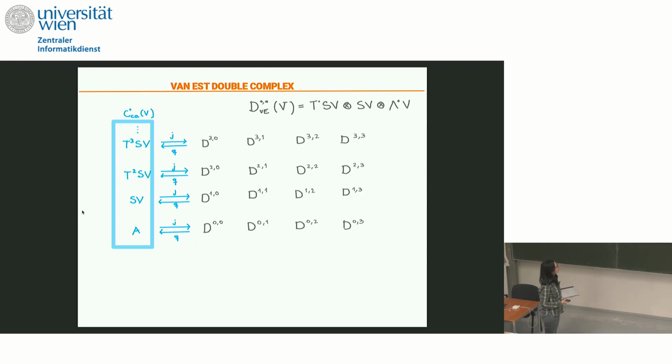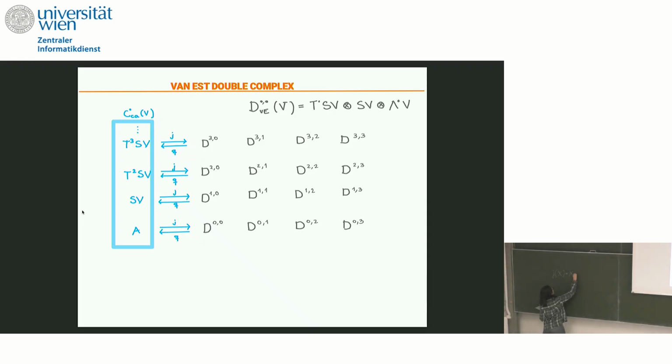Let's see what happens with the coalgebra part. How can I connect the double complex with the coalgebra? I have very easy maps, injections and projections, J and Q. Let me just write the formulas. The injection means I put the second part to 1, so symmetric and Grassmannian to 1.